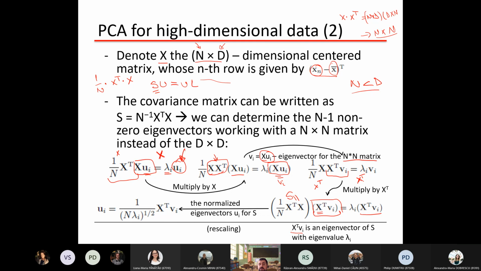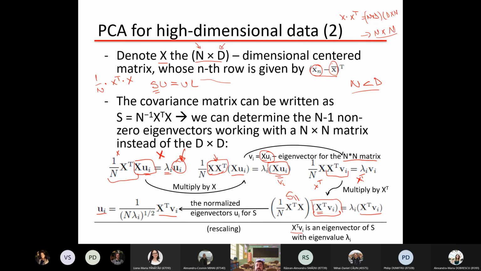Now, if we want to obtain normalized eigenvectors for S, it means that we need some rescaling to do, and therefore Ui that we were interested in is 1 over the square root of n multiplied with lambda i, multiplied by this X transposed multiplied with Vi.